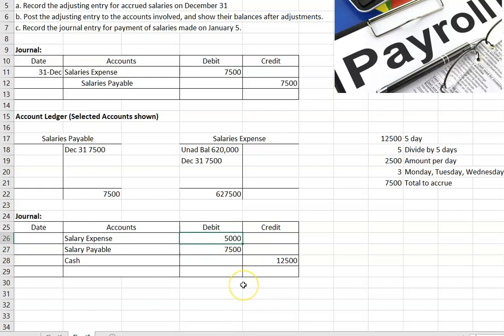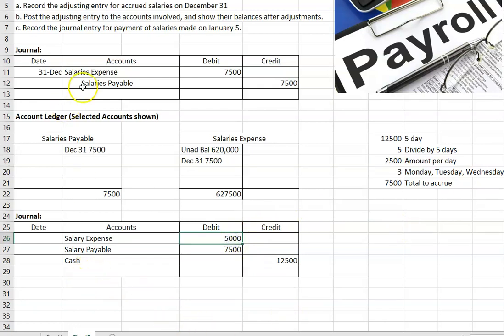Now, you could have calculated it that way, or you could have said, hey, I know that it needs to equal 12,500 minus 7,500 to get me to 5,000. But in accounting, it's best to calculate it by what you know rather than plugging it into a journal entry. So it is safest to say I pay them $2,500 each day and I haven't made my expense for Thursday and Friday. So this is my expense for Thursday and Friday.